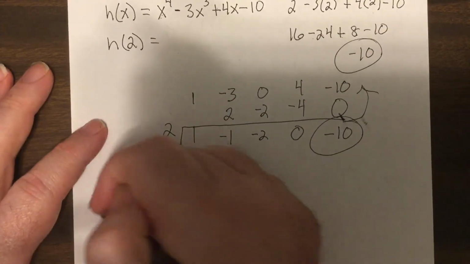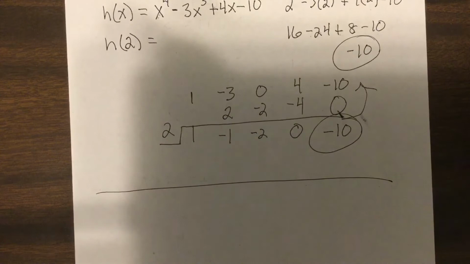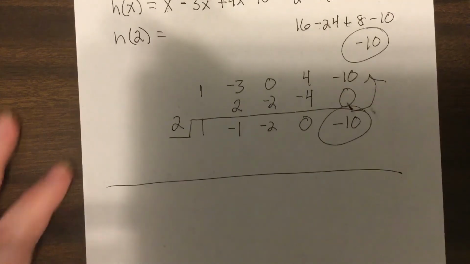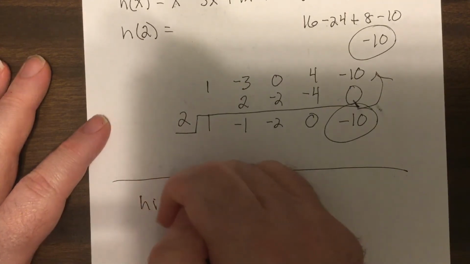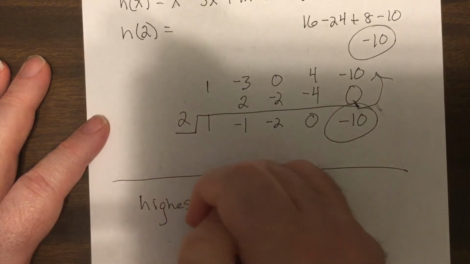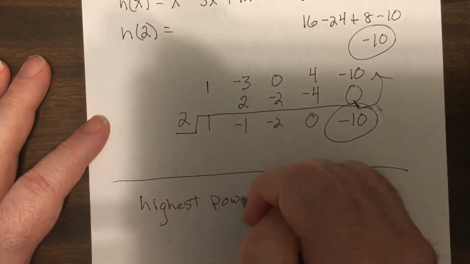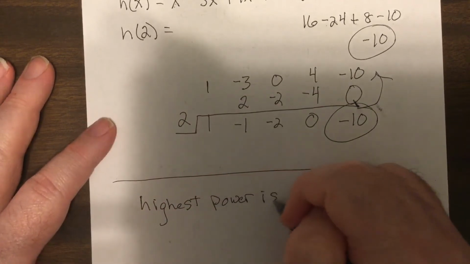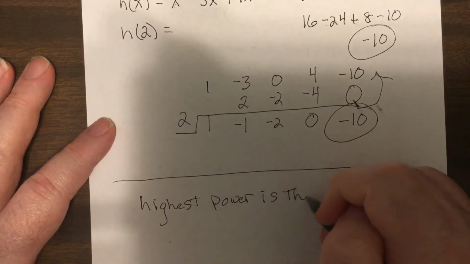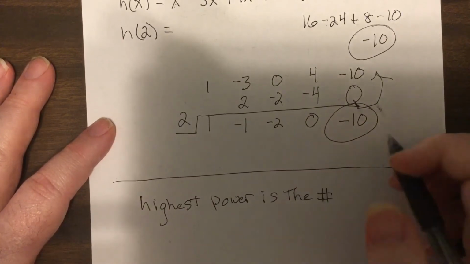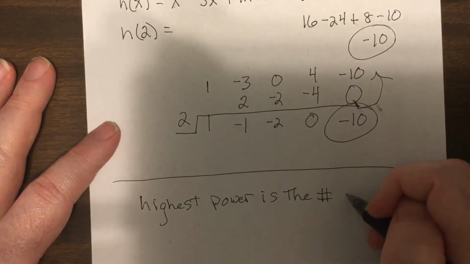Now the next thing we're going to do is the highest power is the number of answers in the problem. Now, you might not be able to find them all.